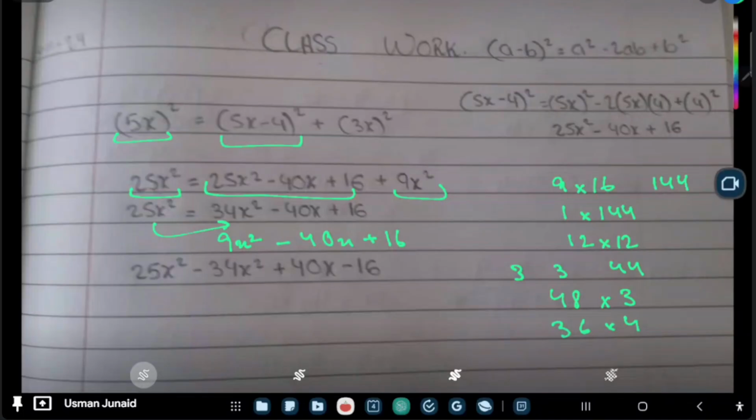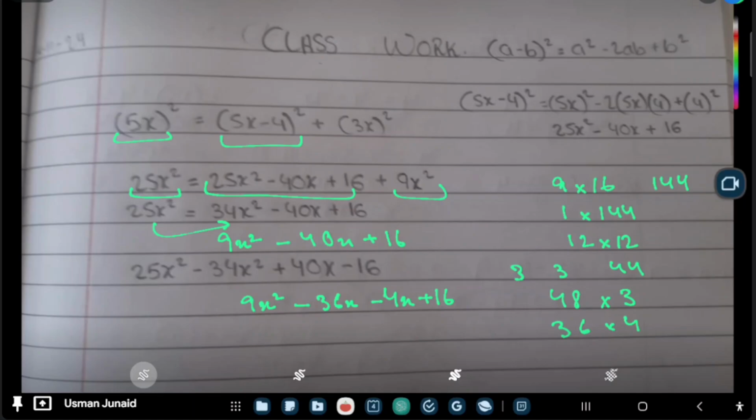So which one of these can you use to make 40x? 36 and 4, right? So you have 9x square minus 36x minus 4x plus 16. Can you simplify this now?